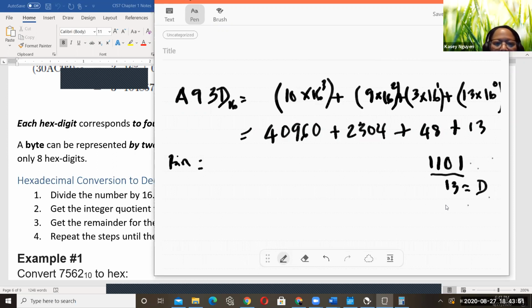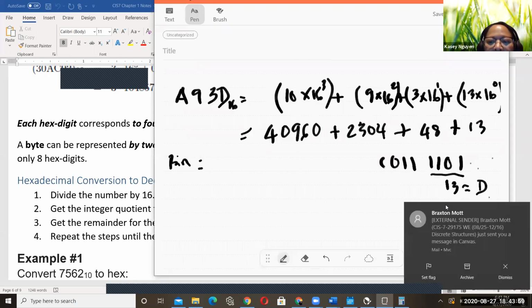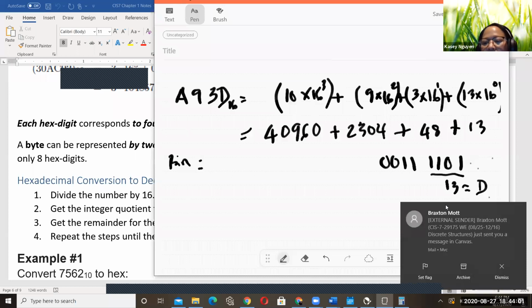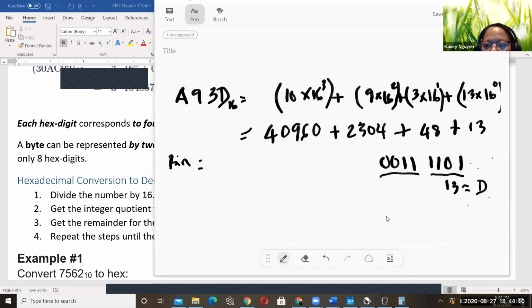Now the next one, we move over to the left one digit. So we have a 3. We know that the 1 and the 2 is on and the 4 and the 8 is off. This is 3. Then we move over to the next one, which is 9.